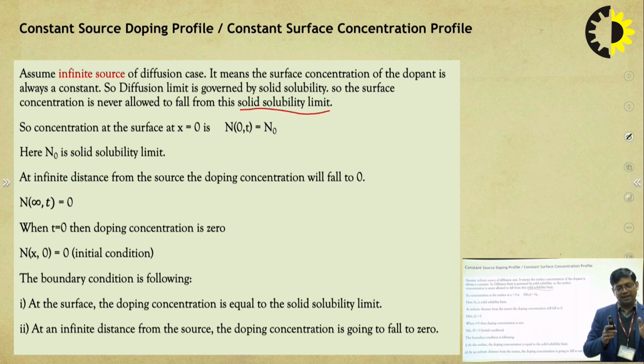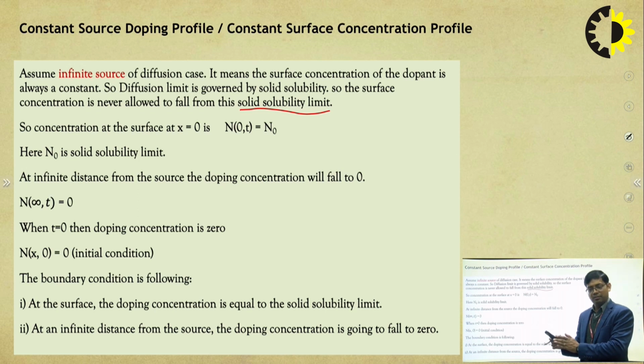Now with time, as these dopants move from the surface deep into the wafer, the surface concentration is going to decrease if it is not replenished by an external source.